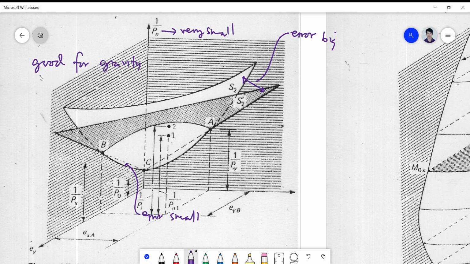When you have earthquake or lateral forces, which reduce the value of your Pn, gravity loadings are reduced as earthquake and wind push the structure. So the Bresler method becomes erroneous because your failure surface S prime 2 will not be very near to the actual surface S2.